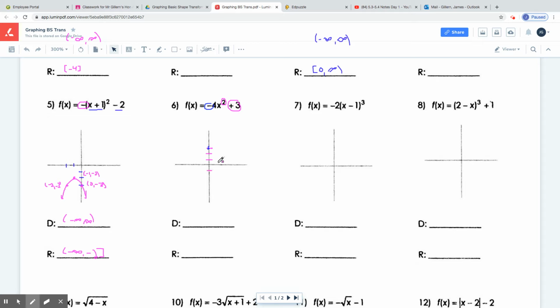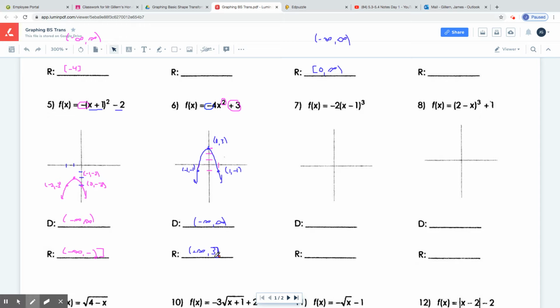So we're going 1, 2, 3, 4, to the right 1, to the left 1, and there's my parabola with points at 0, 3, 1, -1, and -1, -1. Domain, as with all these parabolas, -infinity to infinity. And range, in this case, is from -infinity to 3. That 3 should be a bracket.